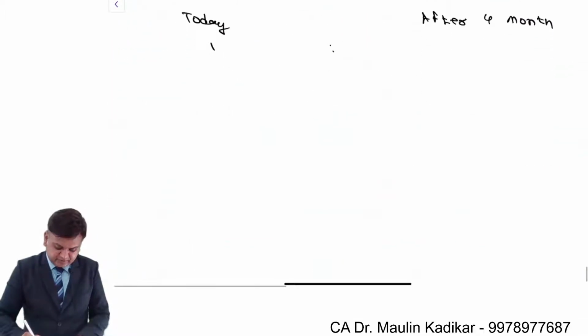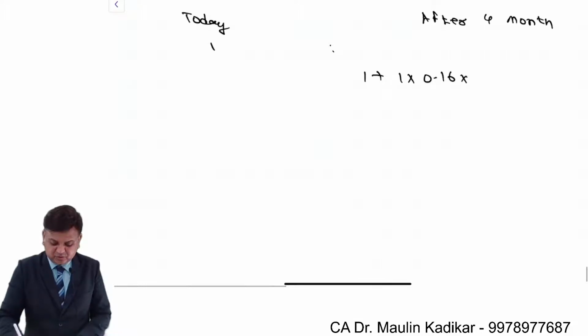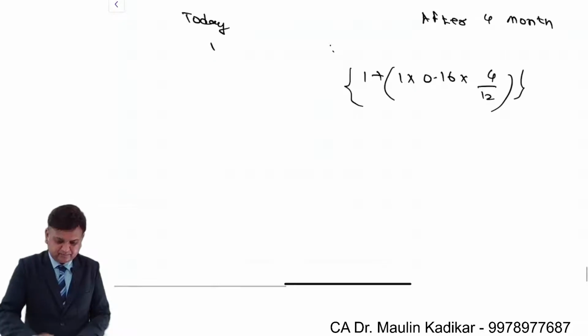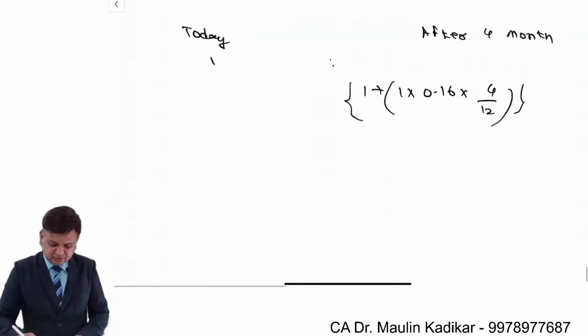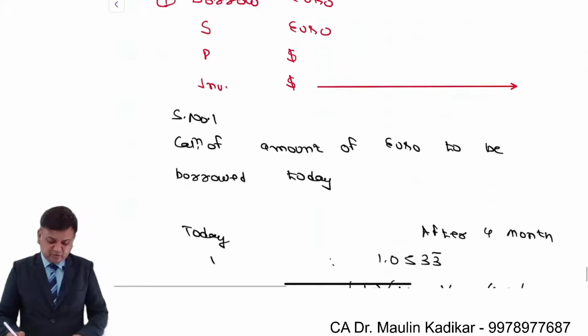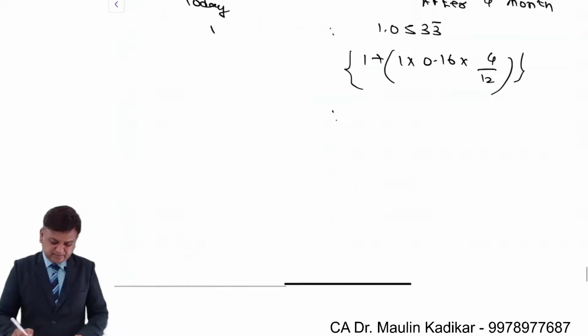So after 4 months, 1 plus 1 into 16% into 4 divided by 12. So that comes to 1.053333 like that. The repayment of the loan should be equal to 5,90,000.